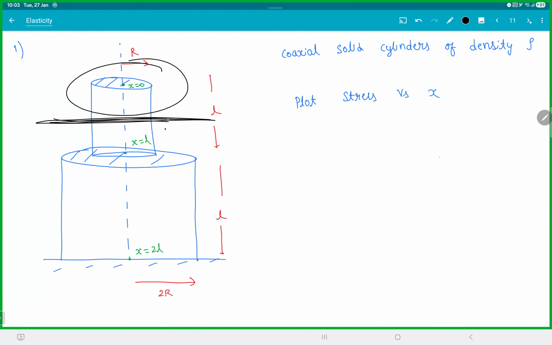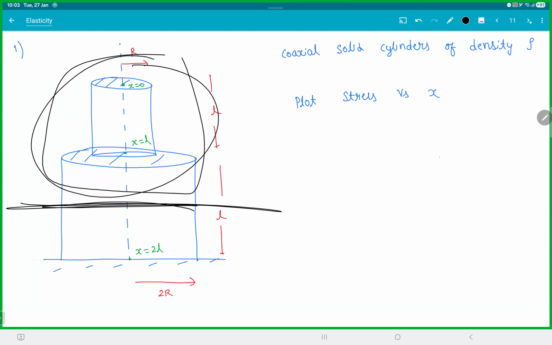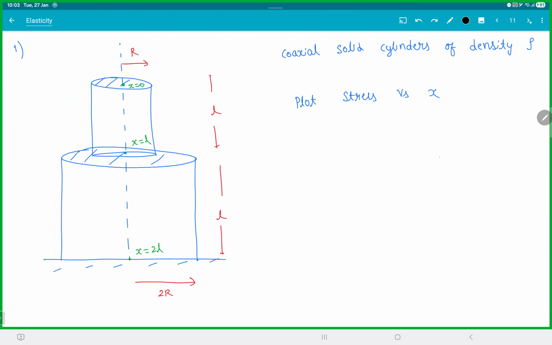So that tension by area is the stress at this position. If I cut it here, then this entire weight will act on this area. So this entire weight by area will give you the stress. That versus this distance. Are you getting what I'm asking you to draw? I want you to plot the tension by area versus x graph. That is stress.